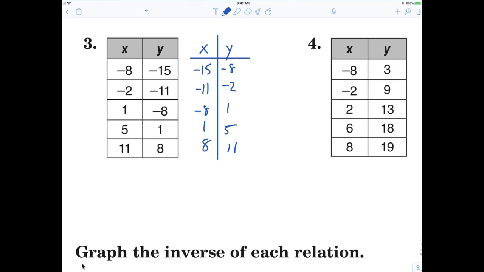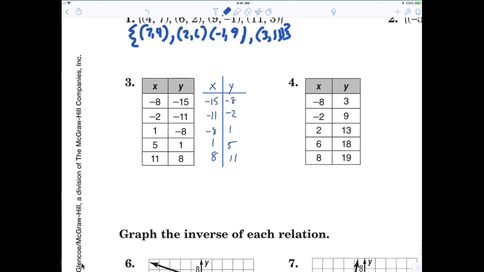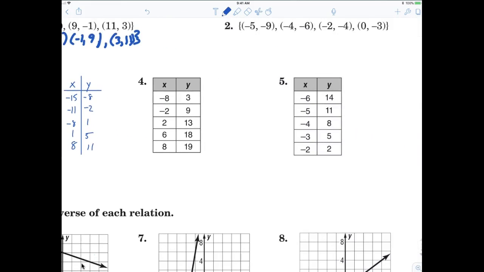Everybody see that? It's the same principle, just a different form. The first one was ordered pairs. The second was considered a table. So now I want you to do that real quick with numbers 4 and 5.